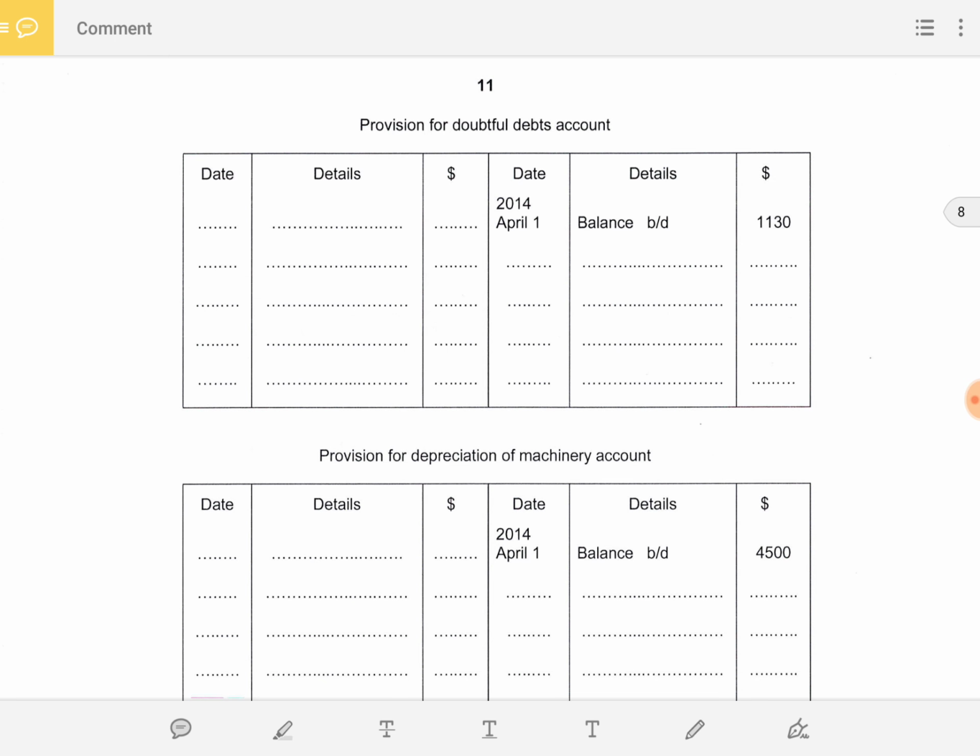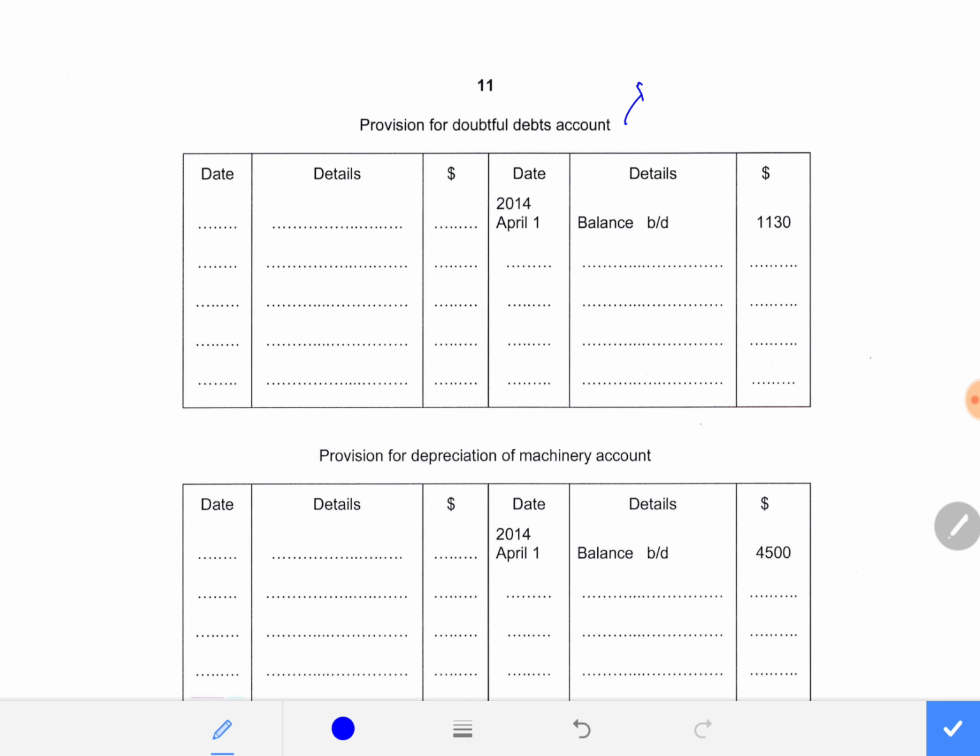Provision for doubtful debts account. This provision for doubtful debts account will be affected if there is an increase or decrease in provision.